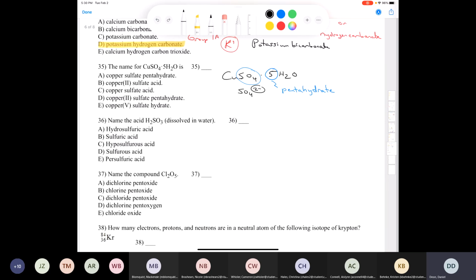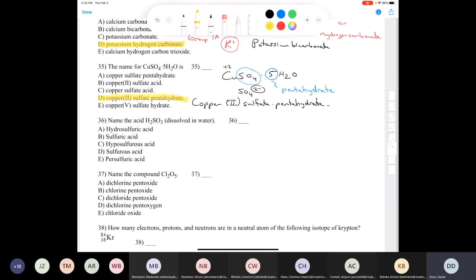The answer is it must be +2, right? Because +2 and -2 give you 0. So that tells you that this compound is copper(II) sulfate pentahydrate. Okay, copper(II) sulfate pentahydrate. So that would be this answer.